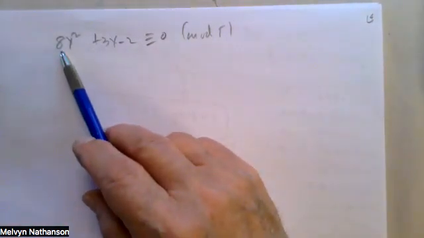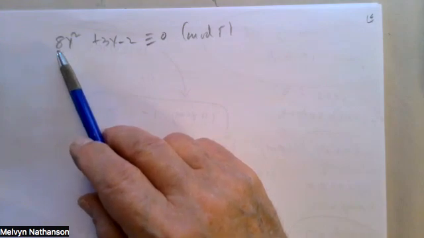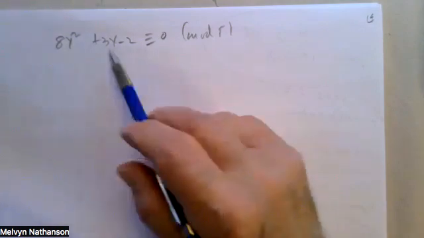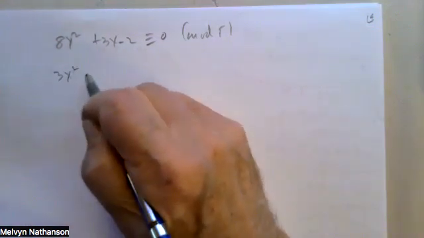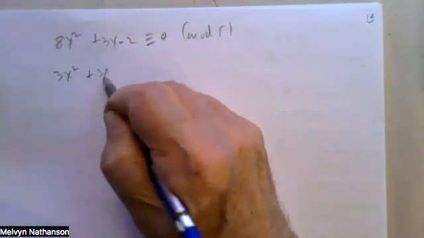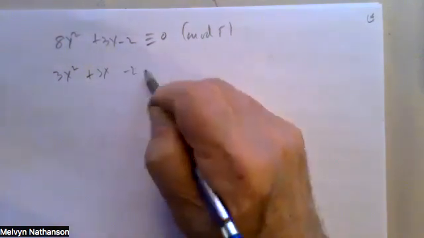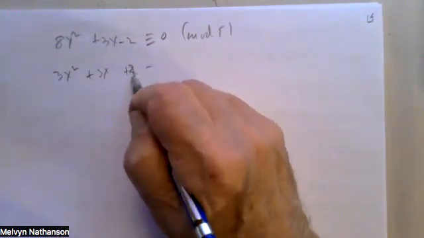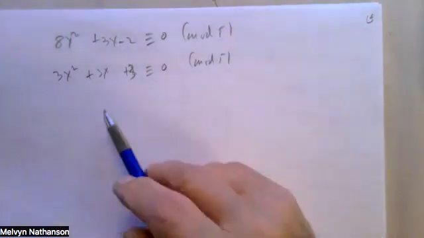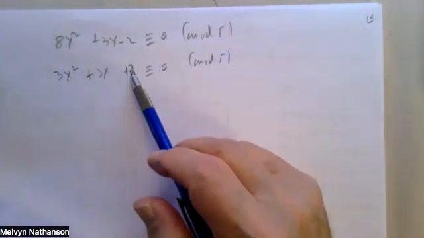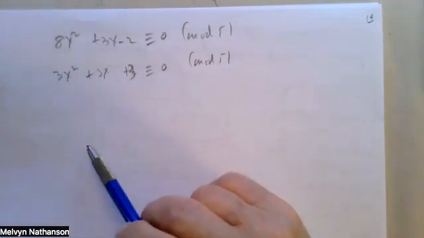So first of all, I can simplify this a little bit. 8x squared is the same, 8 is congruent to 3. So this is 3x squared plus 3x minus 2. Minus 2 is the same as plus 3, congruent to 0 mod 5. Because 3 is 3, minus 2 is 3, and 8 is 3 mod 5.